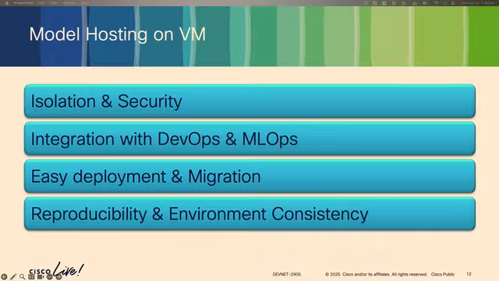We have multiple pipelines that we created where you get the package for the model, you get the image for the hosting server, and then you put them together in a Docker image and just deploy it on a VM. So that's why it's really straightforward and very easy to deploy on VMs. We'll see a demo in the next slide.